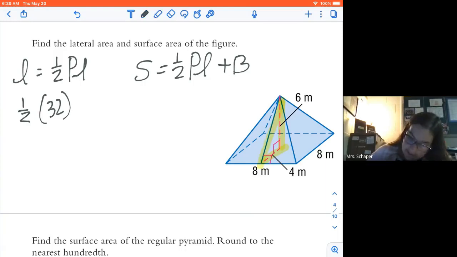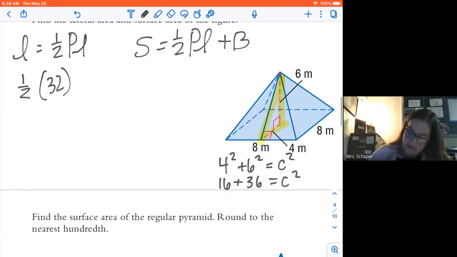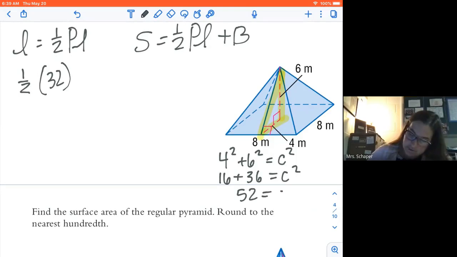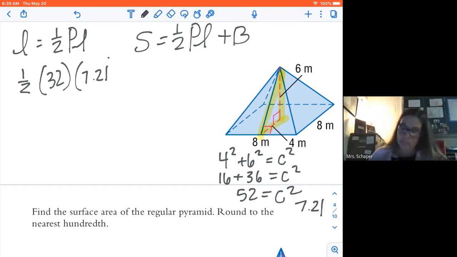So 4 squared plus 6 squared is equal to c squared. 16 plus 36 is equal to c squared. 52 equals c squared, and the square root of 52 is 7.21. So we're using the Pythagorean theorem to help that out.